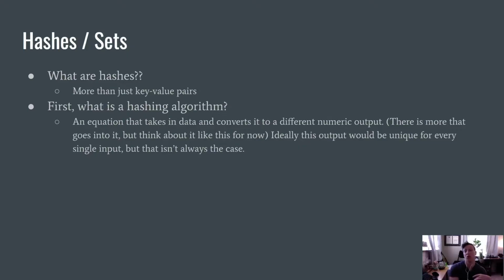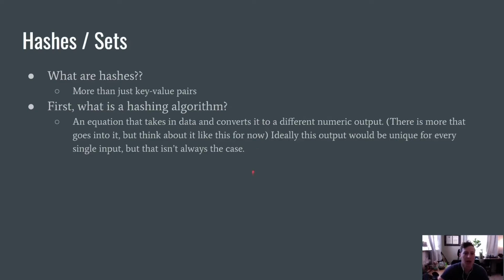So I could put in two different strings and they might give me the same numeric output. That does occur. It's not ideal, but just the nature of a hashing algorithm, that will occur. It's called a collision. But the important thing for a hashing algorithm to work at all is that every time I put in a certain string, I have to get the same output. So if I put in the string hello world, I have to get out 523 every time.